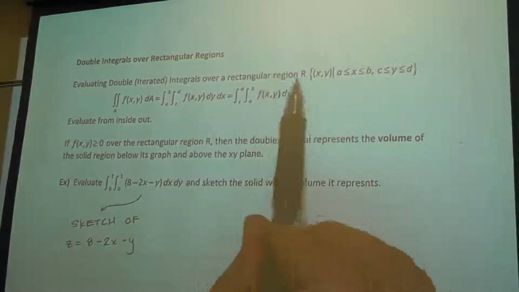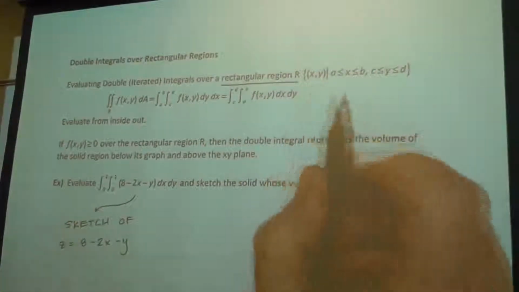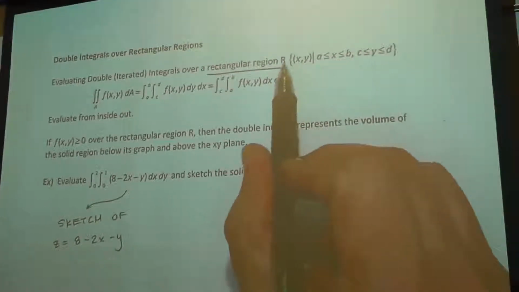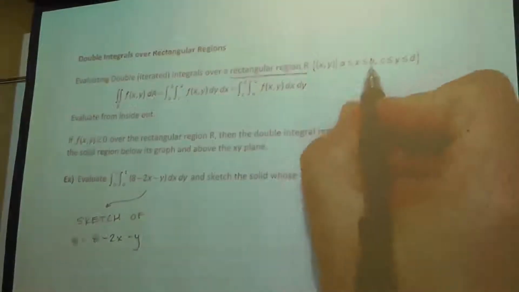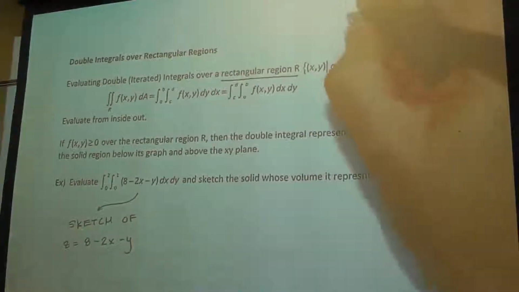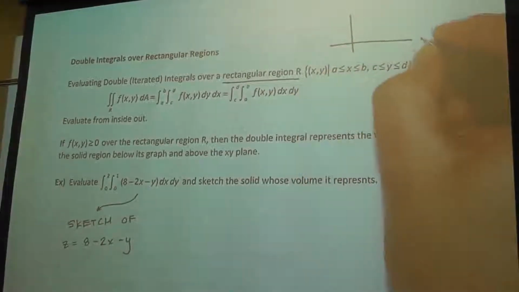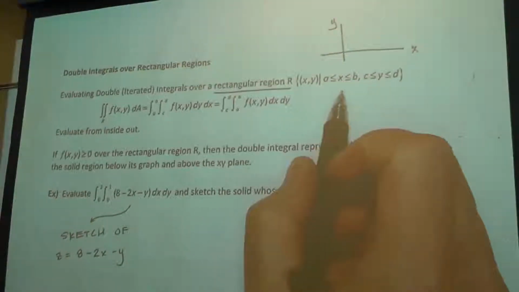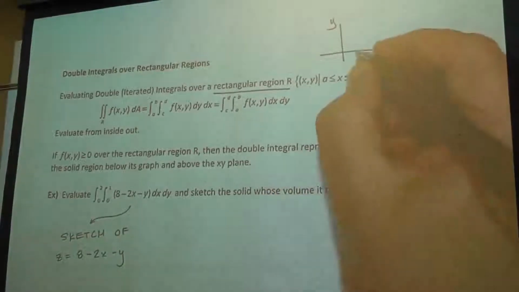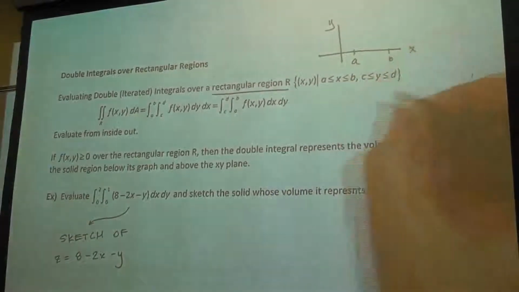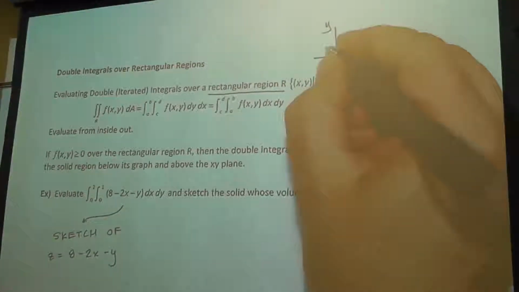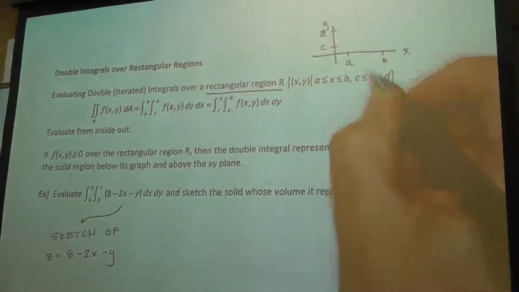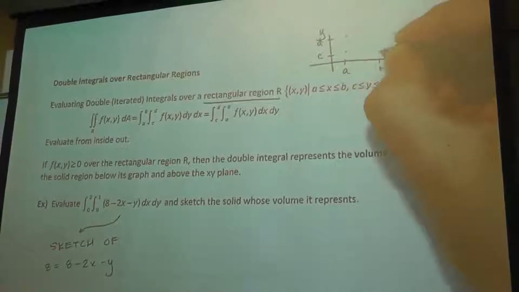So we're integrating over rectangular regions first. I've got this set builder notation here: the region R is the set of all x,y points in the xy plane from A to B for x and from C to D for y. So in other words, generically, if that's my xy plane, x goes from A to B, so you have a couple of x values that designate that part of the domain, and you cross-reference that with y going from C to D. So this set representing the domain of the double integral is really this rectangle in the xy plane.